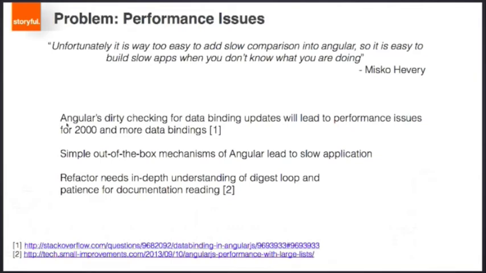When you start, Angular is a nice thing, you make progress quite fast with it, and you think, oh wow, this looks great, I get data binding for free. But when you really get into performance, you need to dig down into the documentation, and what they mean with digest, and what they mean with watchers, and so on.